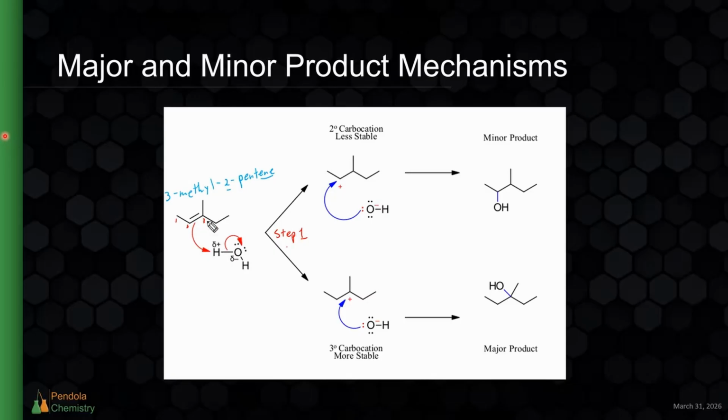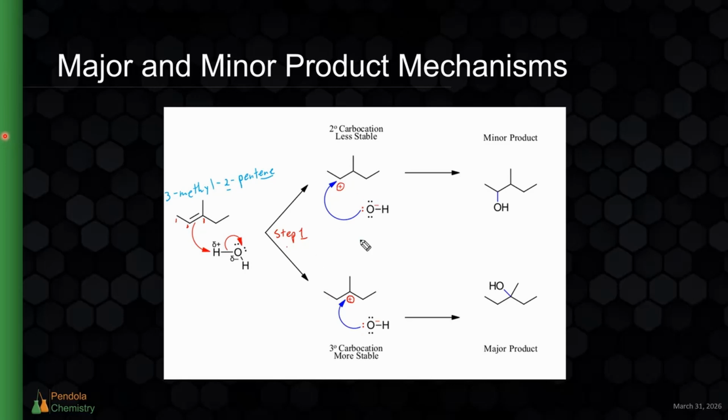So if this hydrogen gets added to carbon 3, that means the positive charge ends up on carbon 2. If the hydrogen gets added to carbon 2, that means the positive charge ends up on carbon 3 in step 1. Both of those things can and will happen.